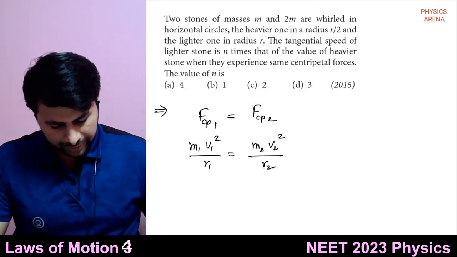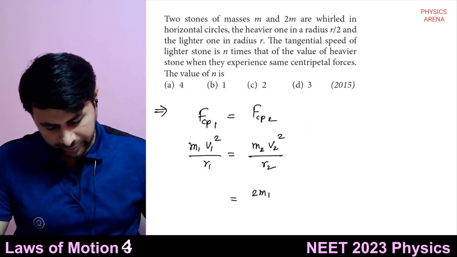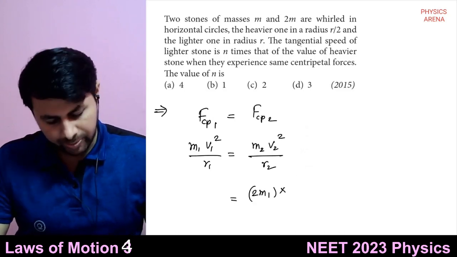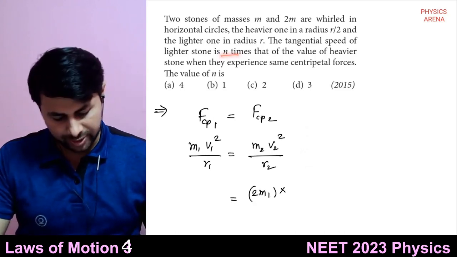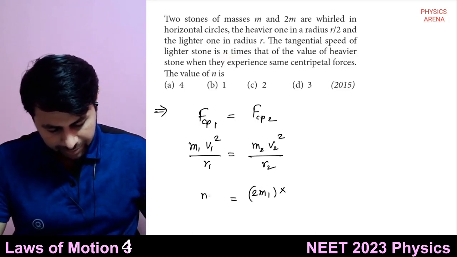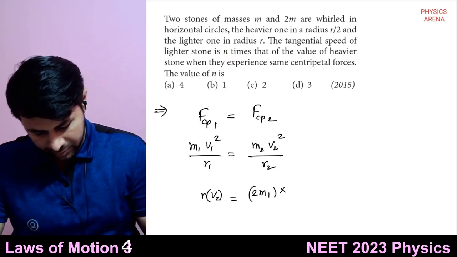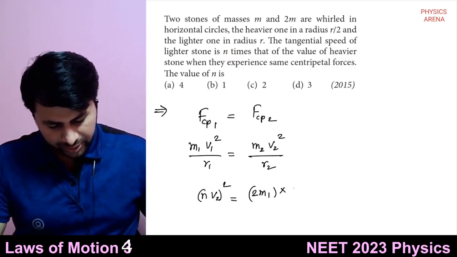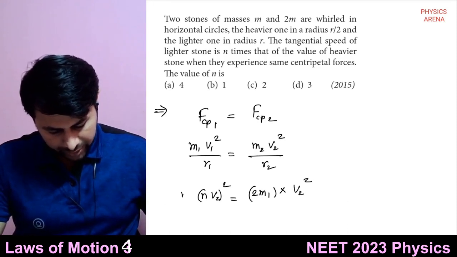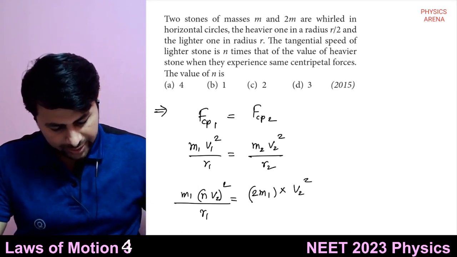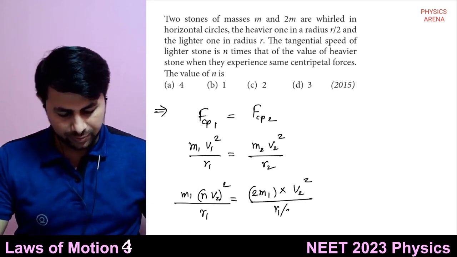Now m2 is 2 times m1. The speed of the lighter one is n times the speed of the heavier one, so v1 is n times v2, and we have the square of that. It is v2 square m1 upon r1, and the heavier one has radius r1 by 2.